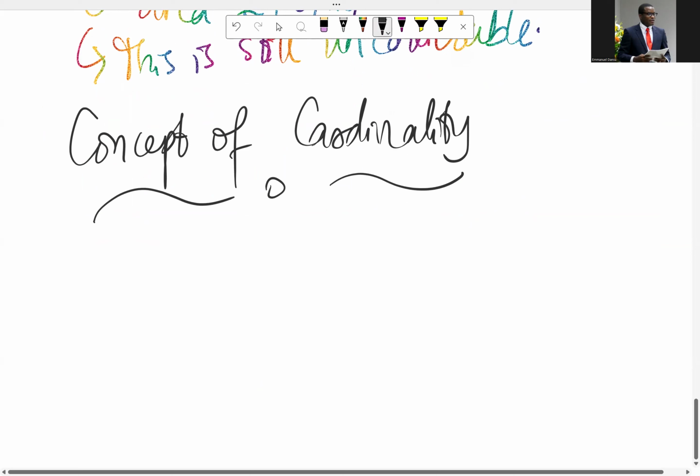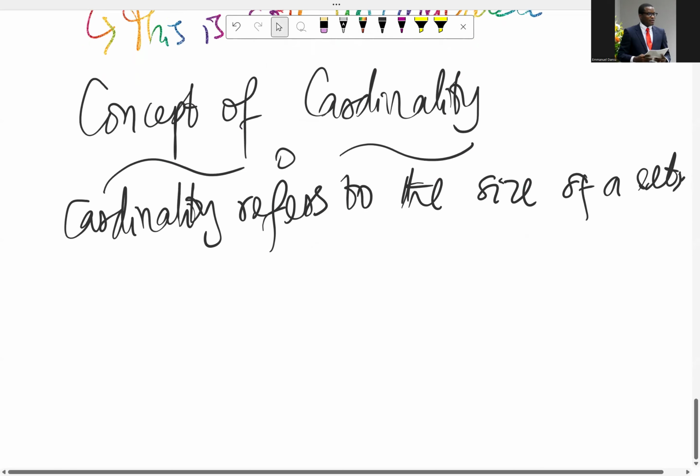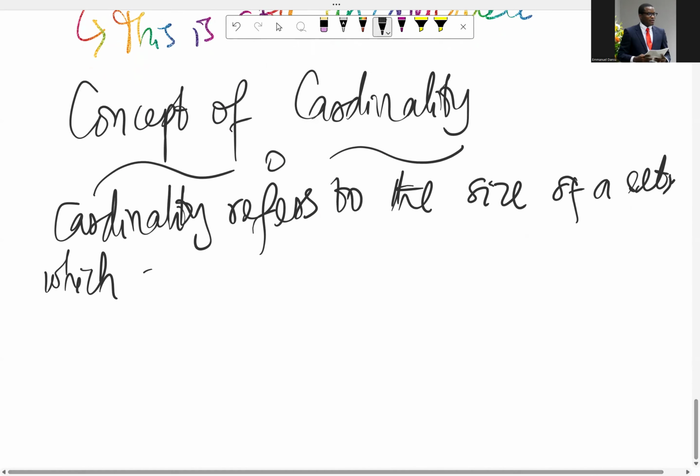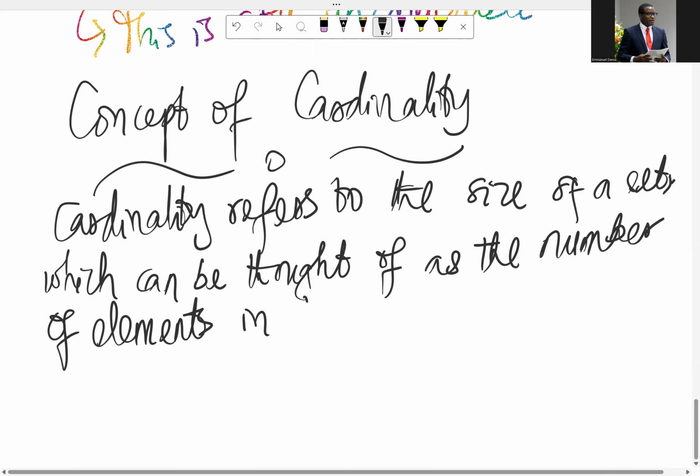Cardinality refers to the size of a set, or simply the number of elements in the set.